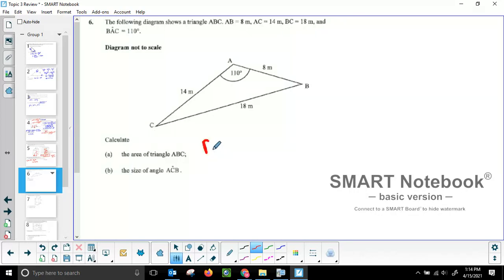Right? Well, for the area, again, we can just do 1/2 times, oh, and I think I forgot to do that in one of the previous problems. I forgot to put in 1/2, but times the side, times this side, times the sine of the included angle, which in this case is 110 degrees.